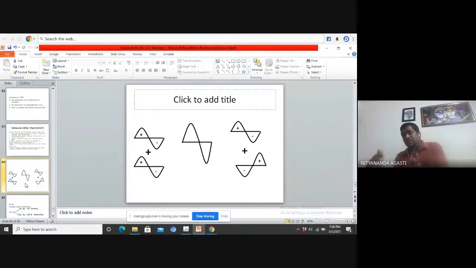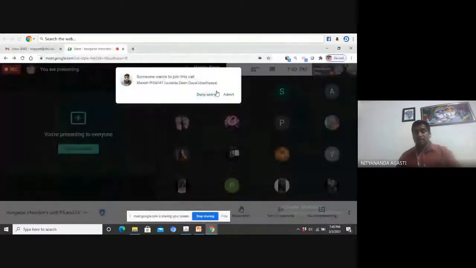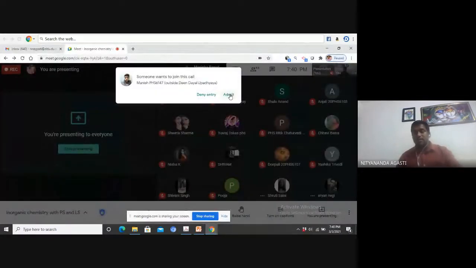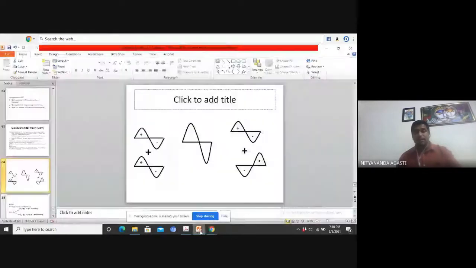Symmetric combination leads to formation of bonding molecular orbital, and dissymmetric combination leads to formation of anti-bonding molecular orbital. And we have seen it like this.